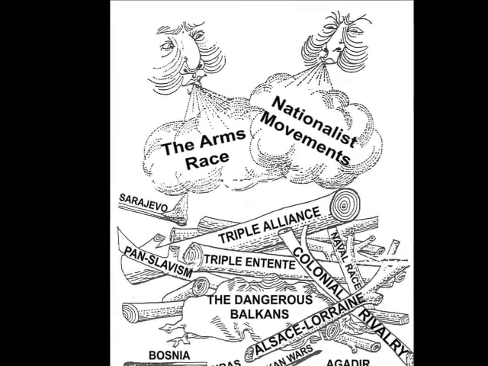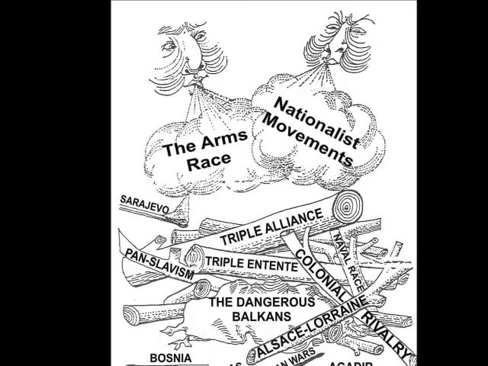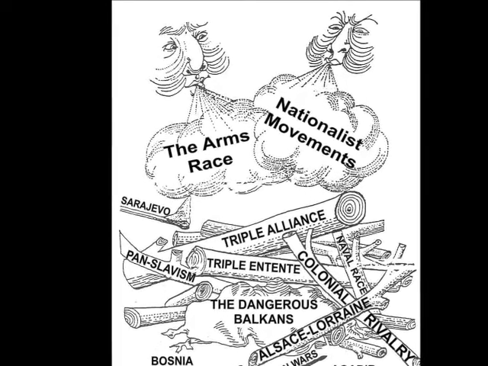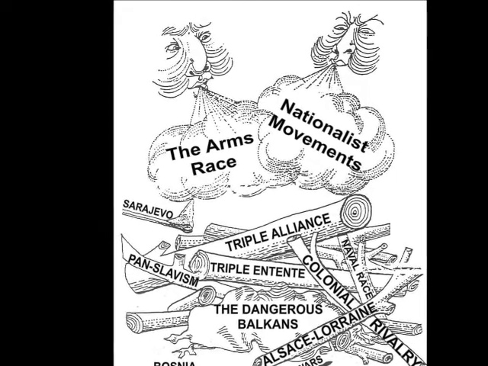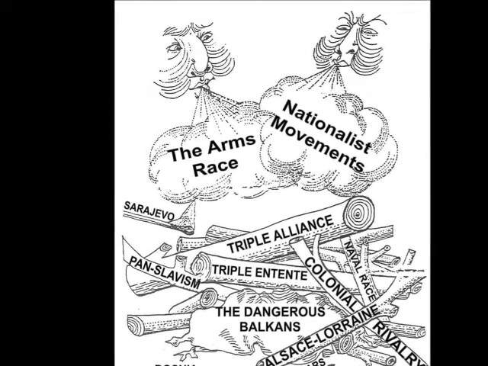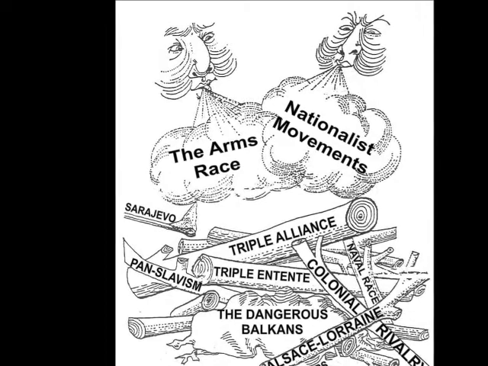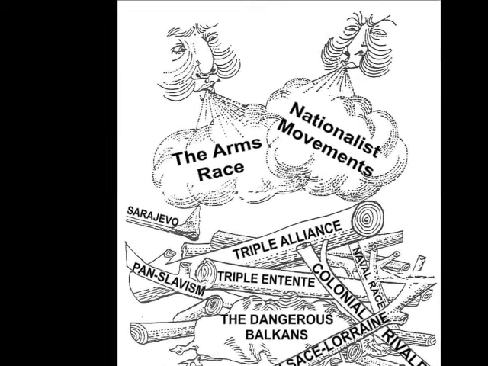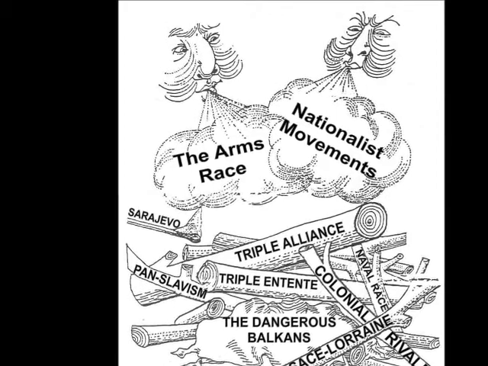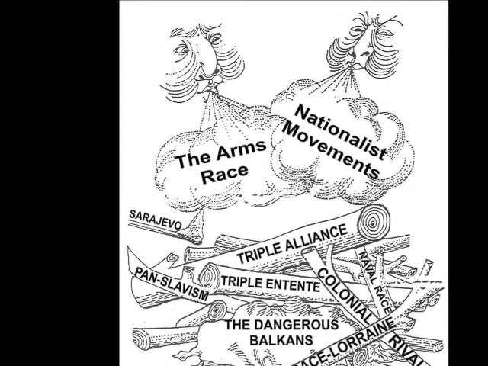And a powder keg, if you ever seen pirates with their big powder kegs and it explodes and blows the whole ship up, kind of thing. On June 28th, 1914, in the city of Sarajevo. Sarajevo is in Austria-Hungary. Austria-Hungary had control of Serbia.